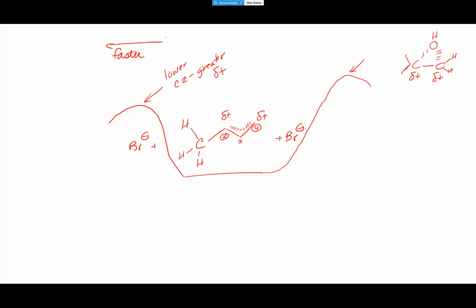Your point, Cameron, about the intermediate not being able to see the final product, because all it sees is two mountains in front of it, is absolutely correct. The intermediate only sees the energy barriers in front of it. It's going to overcome the one to the left faster than the one to the right.